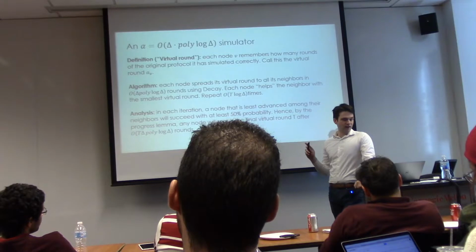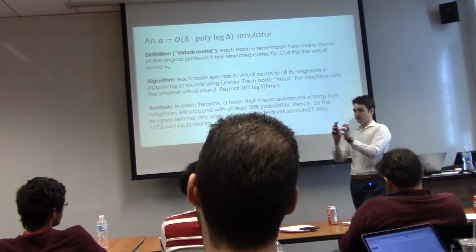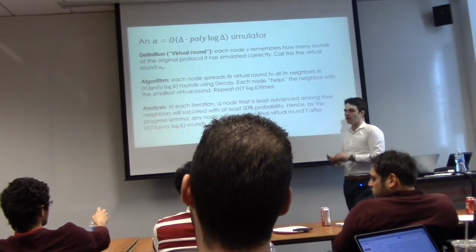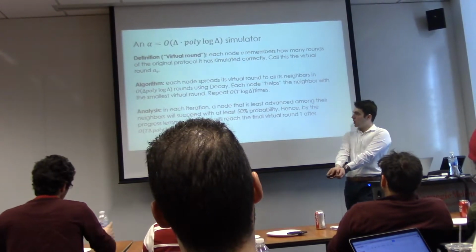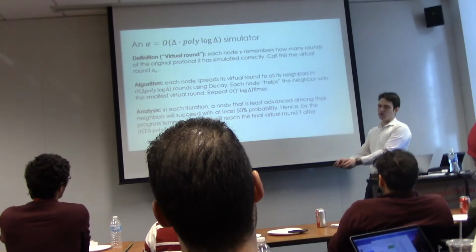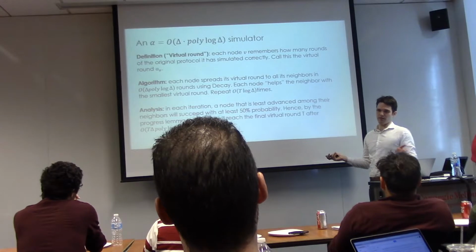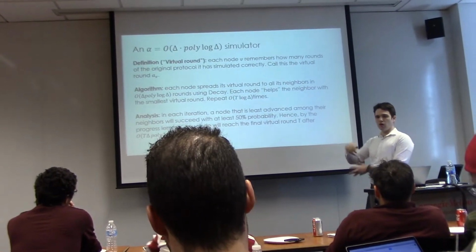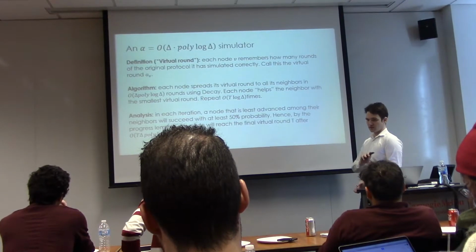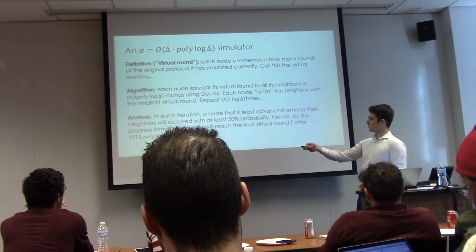This is exactly the setting of the conditional progress lemma. If you're the minimum, you advance with constant probability. Fine. So how many times do you need to repeat to reach the final round t? Well, t log delta rounds, by the absolutely same argument. So t log delta rounds, you repeat the knowledge sharing primitive, and you get t delta polylog delta.